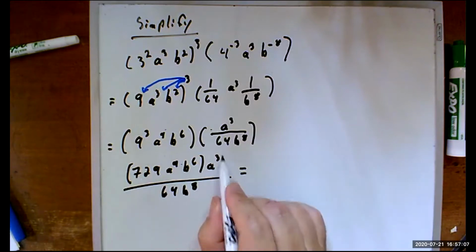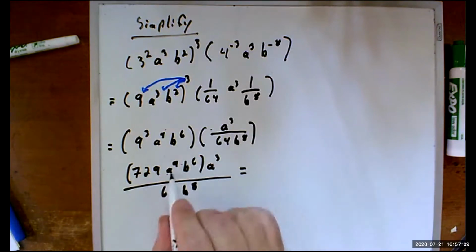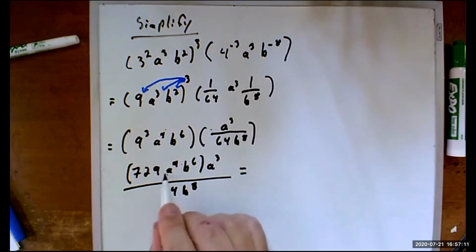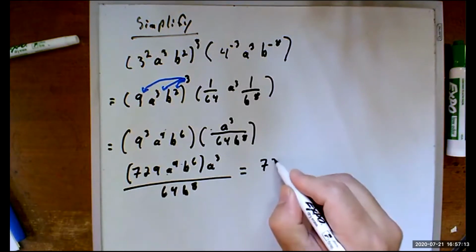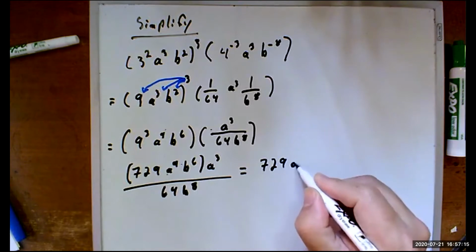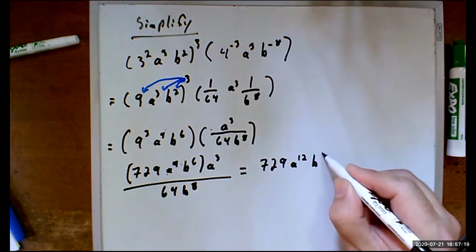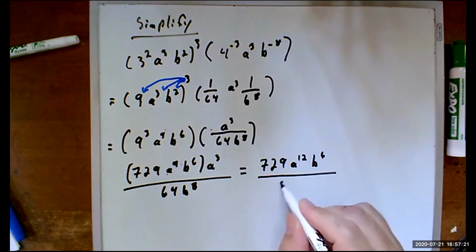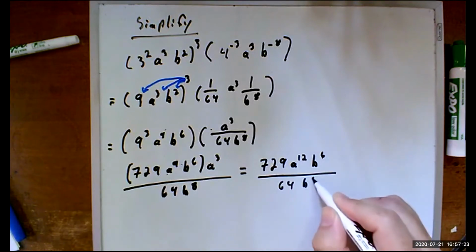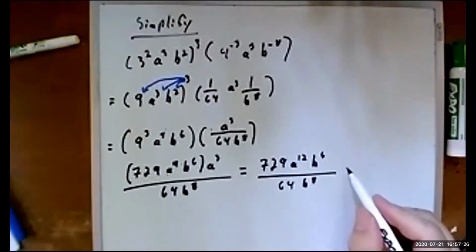The only reason I've done this is so that you can see that my A's are the same base, so I can put those together and I end up with 729 A to the 12th, B to the 6th, over 64 B to the 8th.